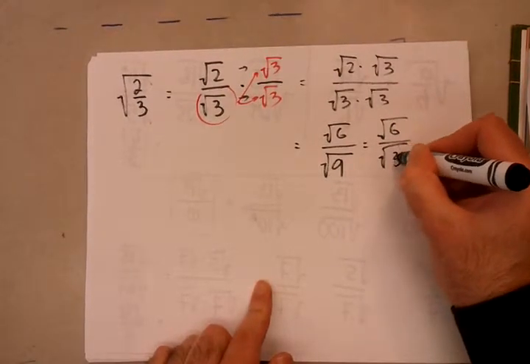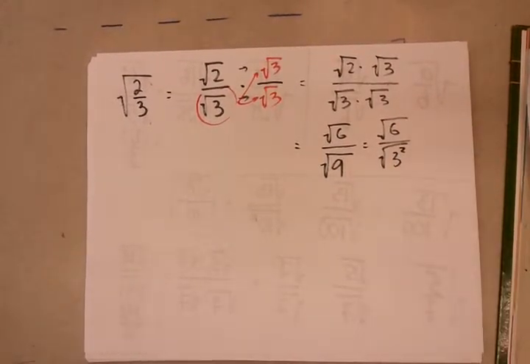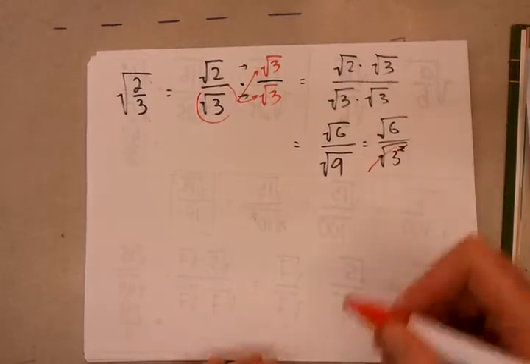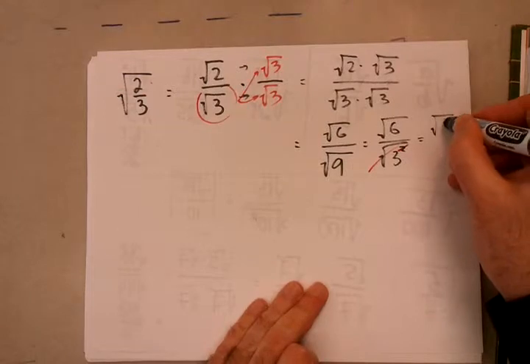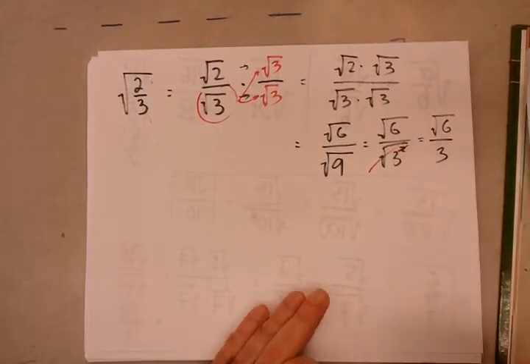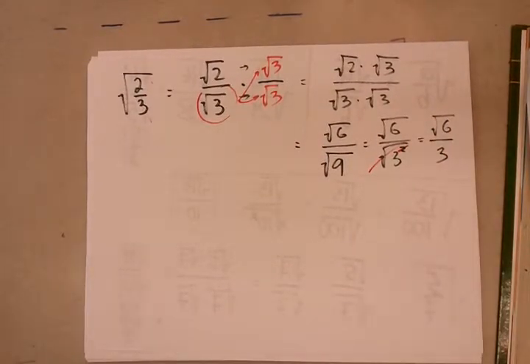And just like with every single perfect square, I can cancel out the power. And that's how I get rid of the denominator. That's how I get rid of the square root that's inside the denominator.